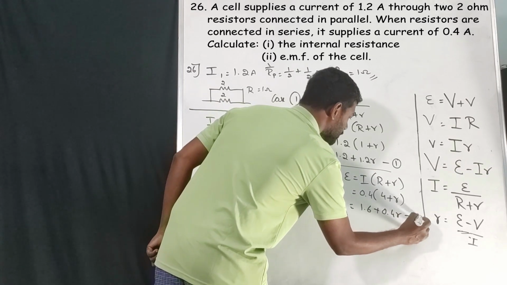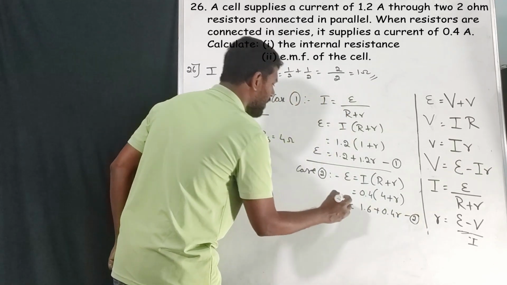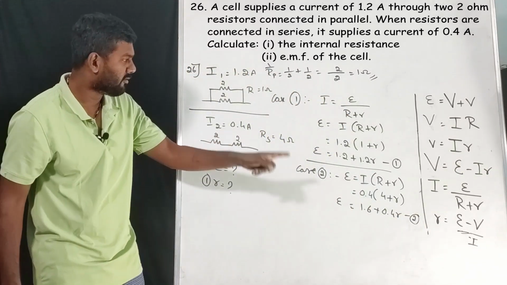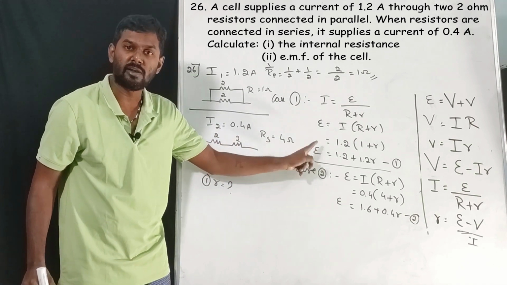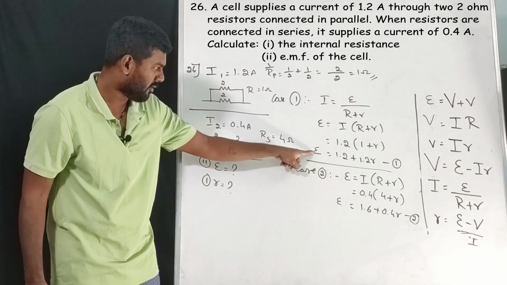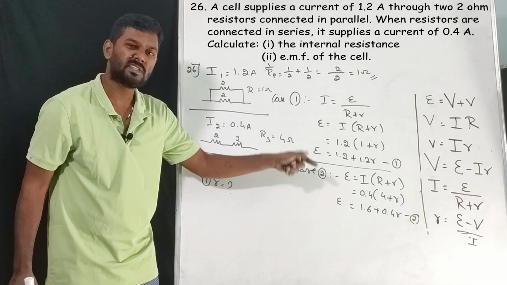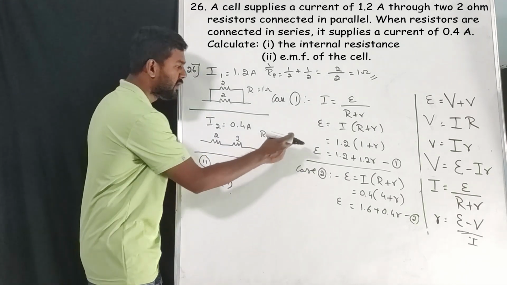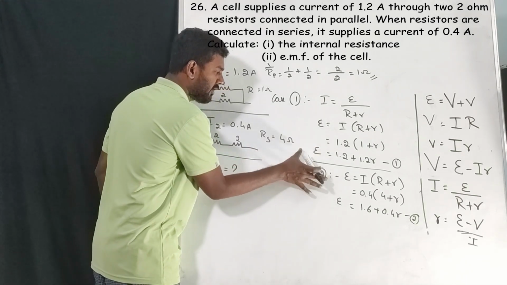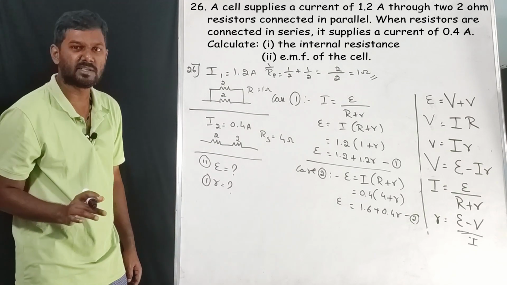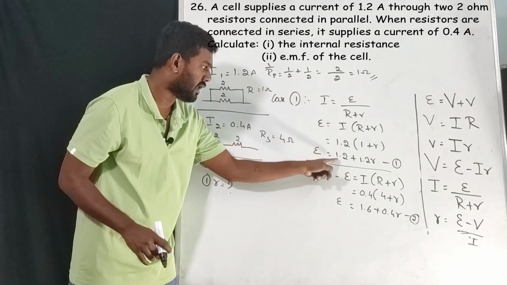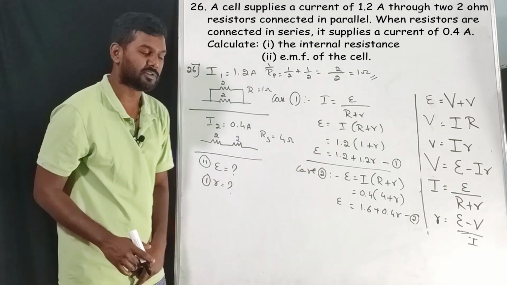This will be equation 2. See, I think we have solved one of the questions like this. Whenever we are finding the same value in two equations, EMF and EMF, in both the cases the EMF value will be the same. So we can say equation 1 is equal to equation 2.